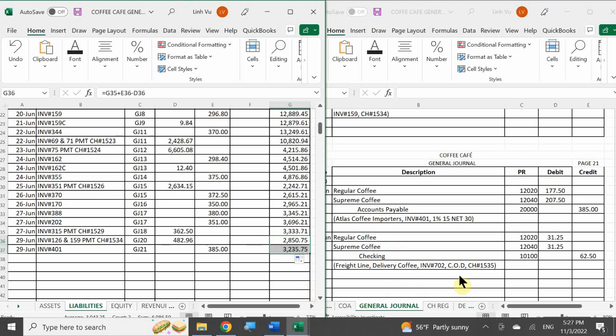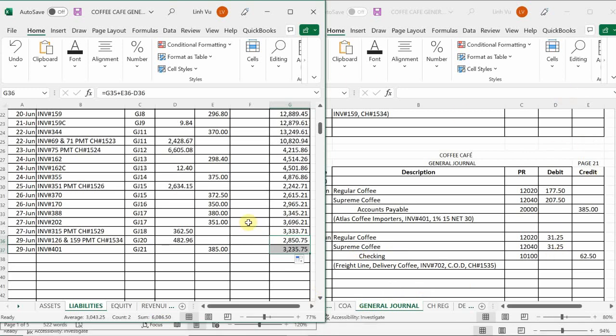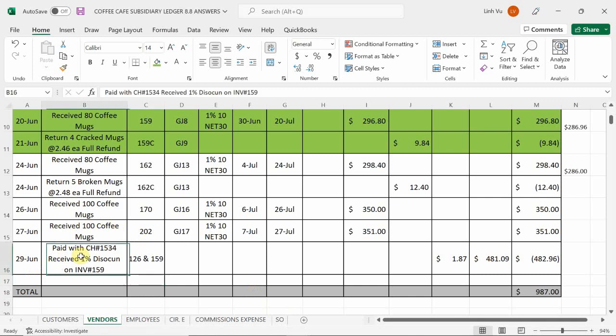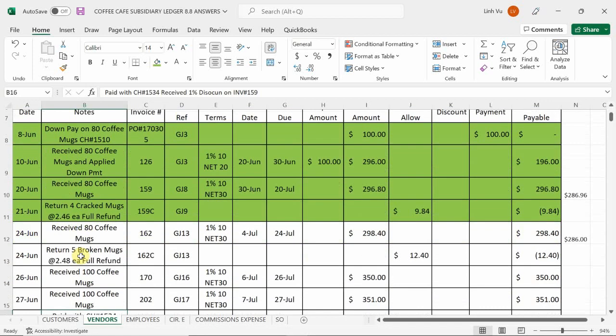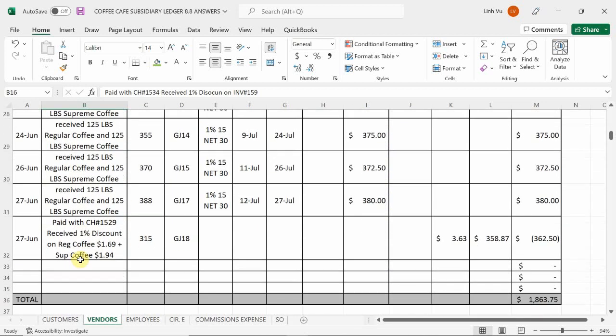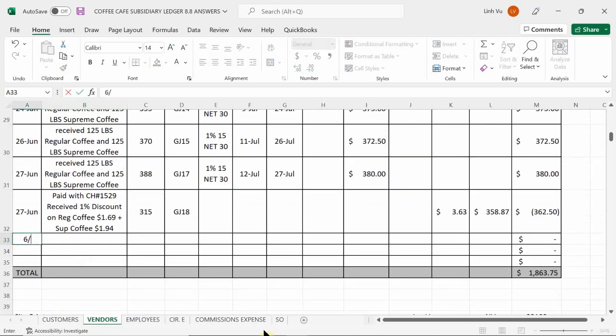So once again, now that I finished my journal and my ledger, I now need to go to my subsidiary ledger. Subsidiary ledger for Atlas Coffee Importers. So once again, today is the 29th. We received 125 pounds of regular coffee and 125 pounds of Supreme coffee. Okay, so right here.